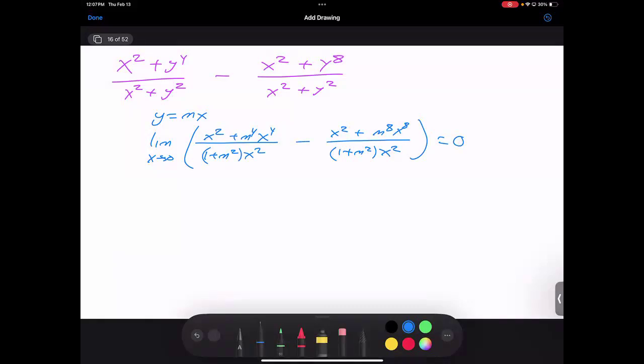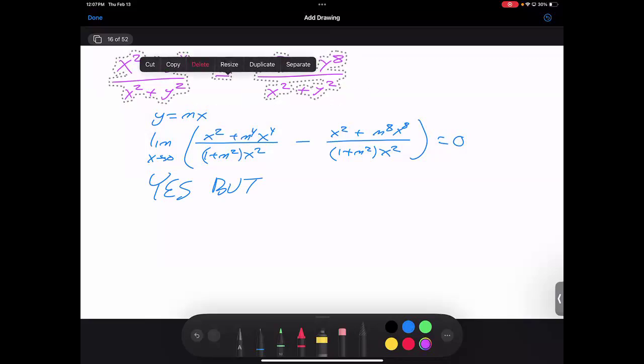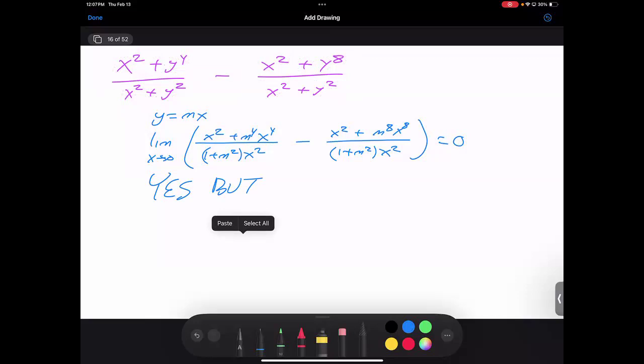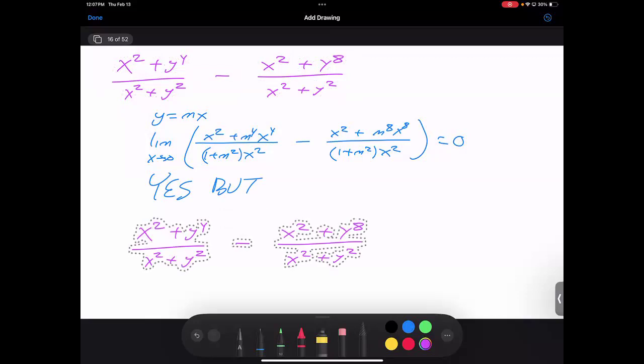Now it's equal to 0 along lines. I mean, doesn't it seem like we've done something good? What does this equal?